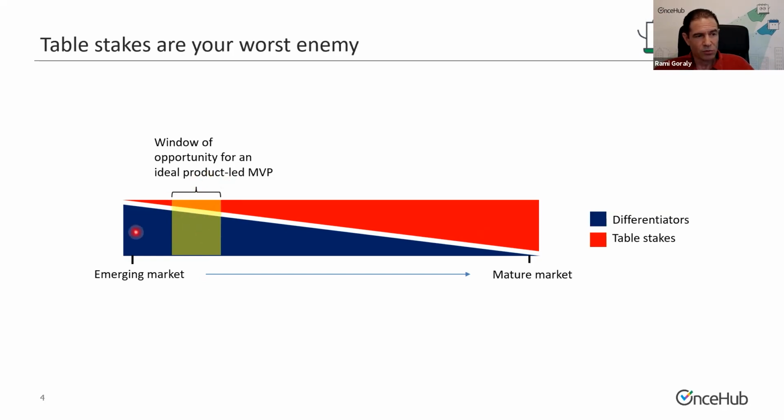You don't want to start here because maybe the market is so young that it's not going to pick up on your product, and there's going to be too much market education. You do want to start when the market has some level of attraction, just about the point where early adopters are starting to adopt this type of product. And you have a window of opportunity.